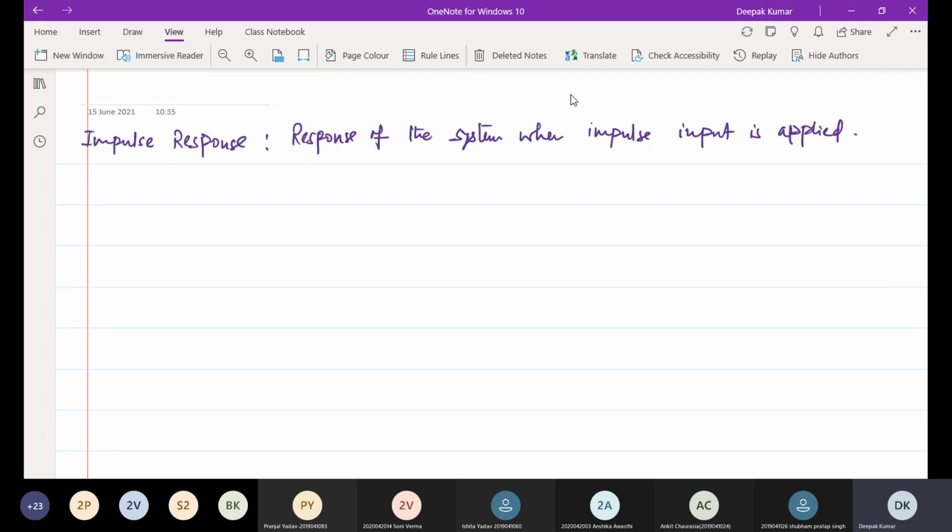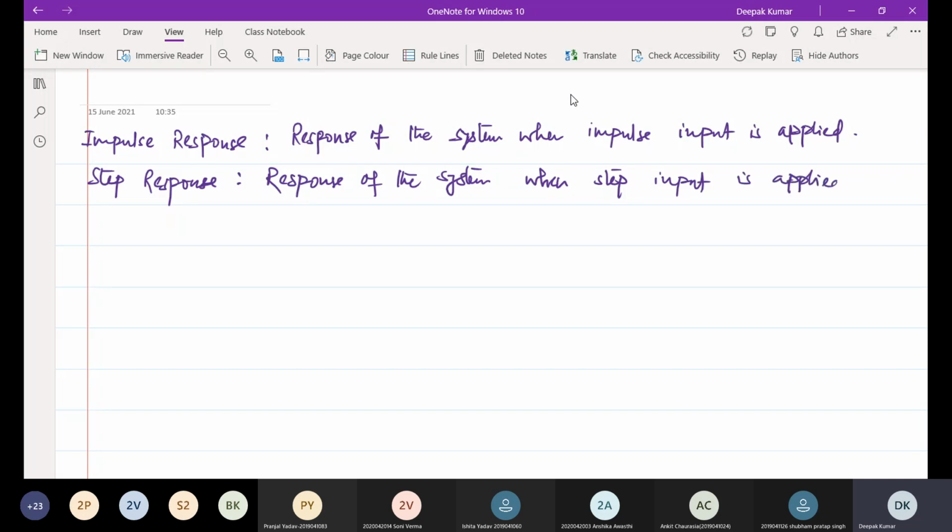And what is step response? Response of the system when a step input is applied.